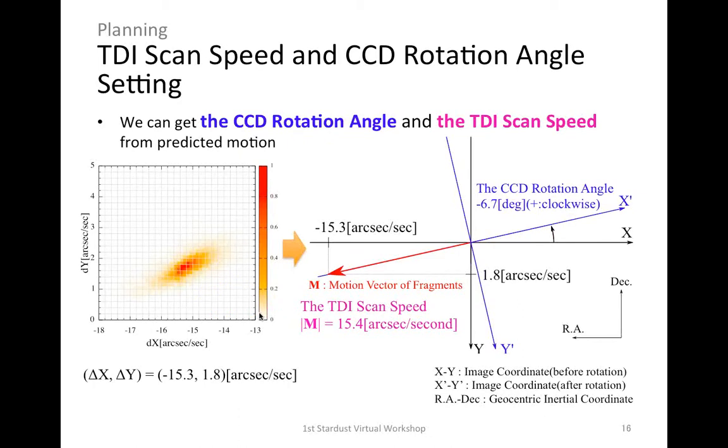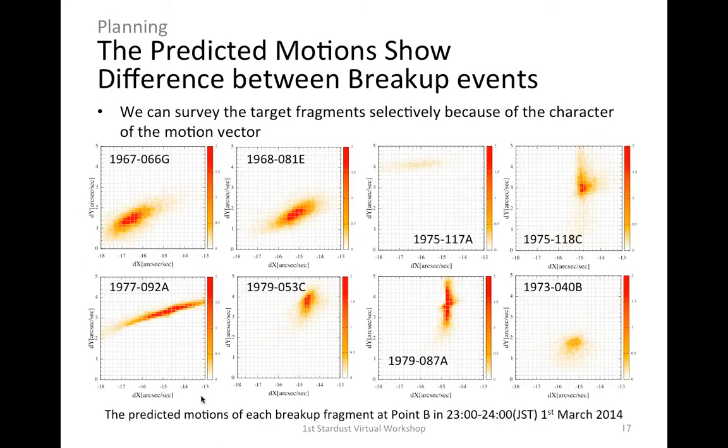Now, the motion vector of the target fragment is predicted, so we can get the CCD rotation angle and the TDI scan speed. In this case, the CCD rotation angle is minus 6.7 degrees and the TDI scan speed is 15.4 arcsec per second.